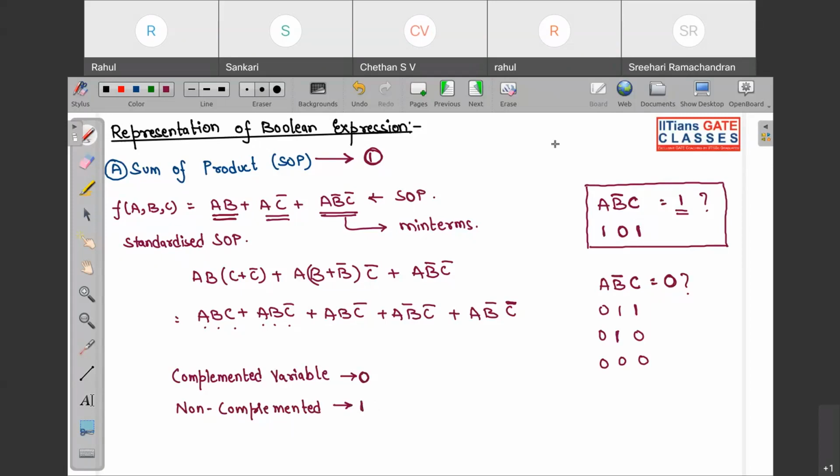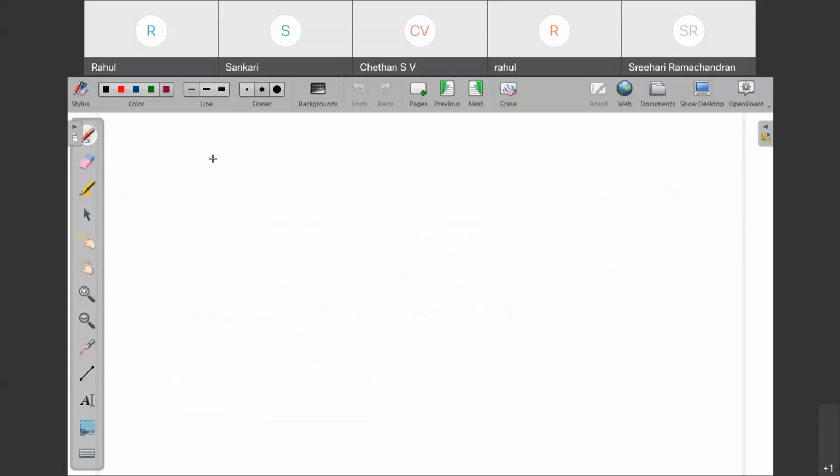Now let me show you one very quick example. Suppose I have A, B, C. What do we mean by something like sigma m 2, 4, 6, 8?